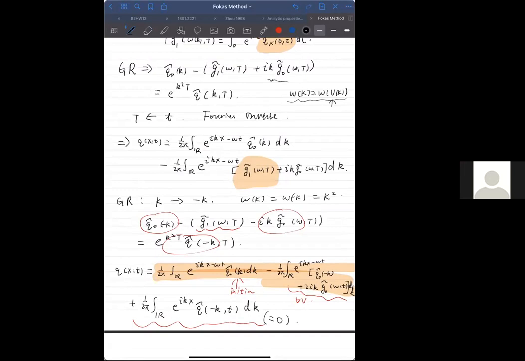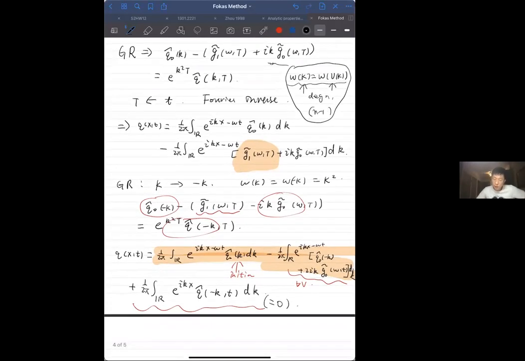Without this condition, we cannot do it in general. But fortunately, if omega is a polynomial of degree n, you can always find n minus 1 symmetries. In a typical example it is always a polynomial, so you don't need to worry about the symmetry. You can always find those.